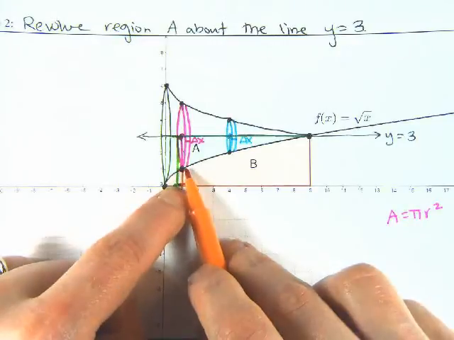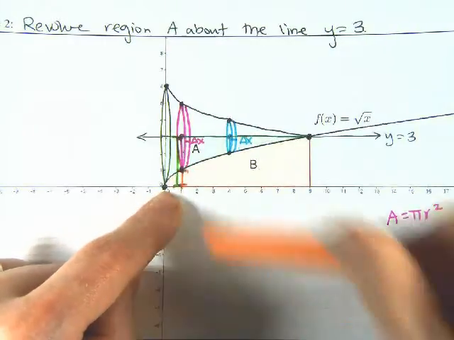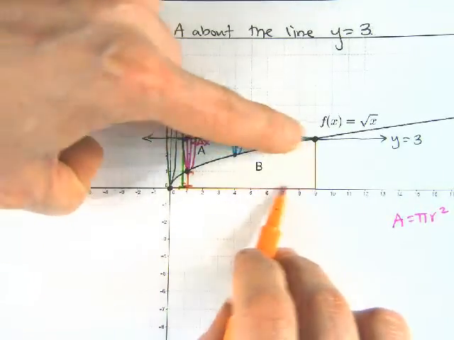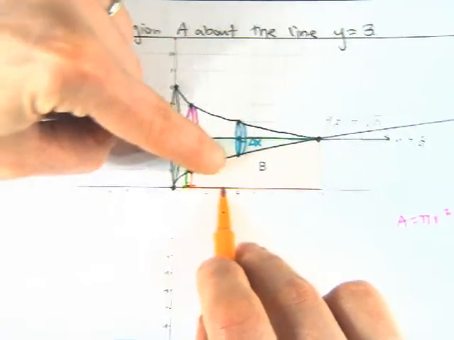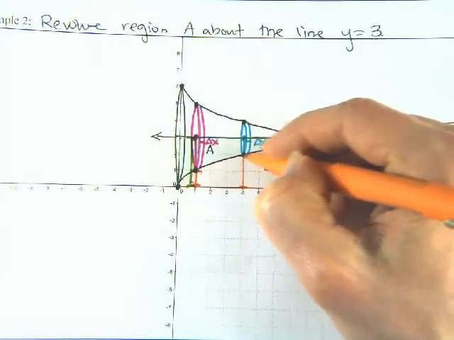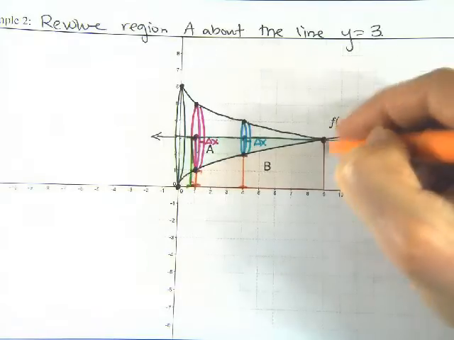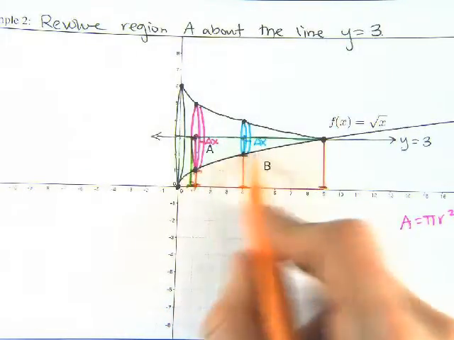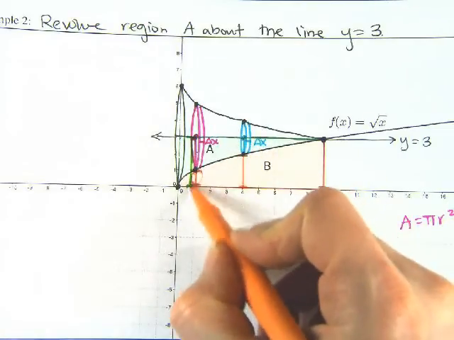So right now this length is 1, right? But do you notice how this length, no matter where I go, will always be 3? But this length will vary depending on where I put my slice. Okay, here it's this high. So really it's whatever the y-coordinate is along the curve is this part right here.